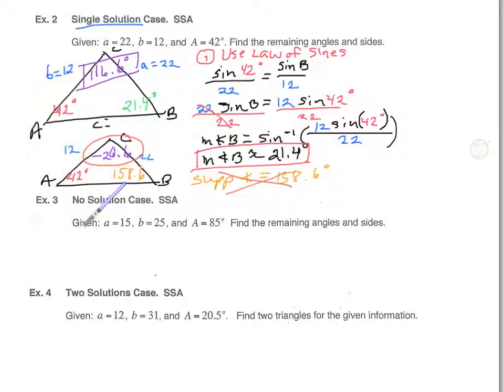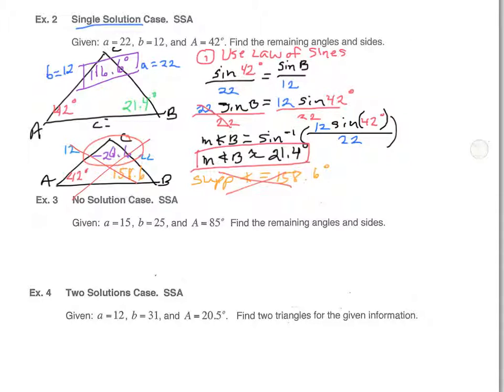So I could put that in here. I know that it doesn't look obtuse. Don't let that bother you. If I add these together and subtract them from 180, it doesn't give us a reasonable answer for the third angle, right? That's why I know I have one solution and only one solution. So we're going to cross out this whole triangle. We crossed out the supplement, and we're only left with finding a side.